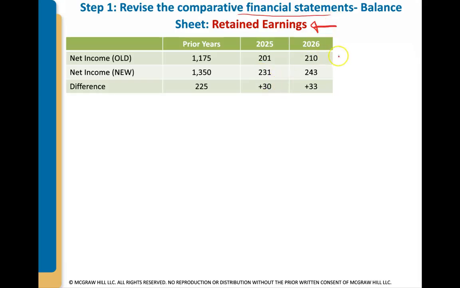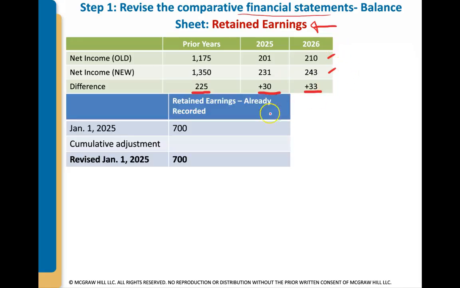And so this top table just shows the net income under the old method versus the net income under the new method. And again, these are just the changes in net income. If there are changes in net income, there are going to be changes in retained earnings as well that we're going to need to record. So let's look at what balances we're going to reflect in our comparative financial statements specifically for retained earnings.